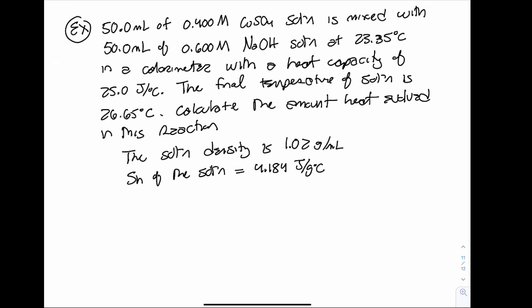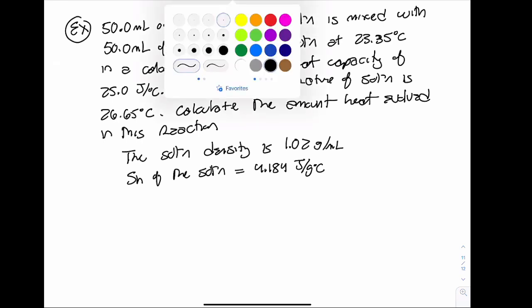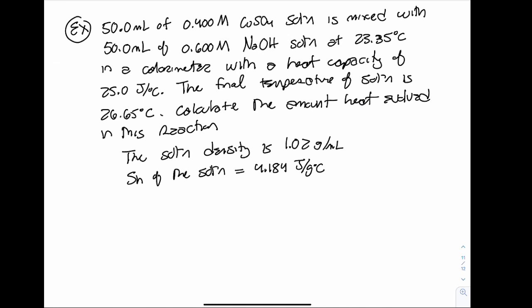This is a pretty dilute solution, right? My concentration isn't very high, so the specific heat of my solution is very similar to the amount of energy it takes to raise 1 gram of water by that same temperature. So hopefully you guys have gotten all that written down. If you haven't, please pause and catch up.